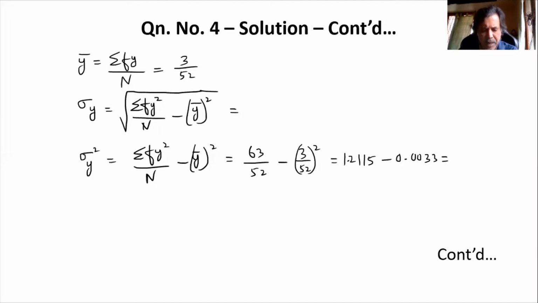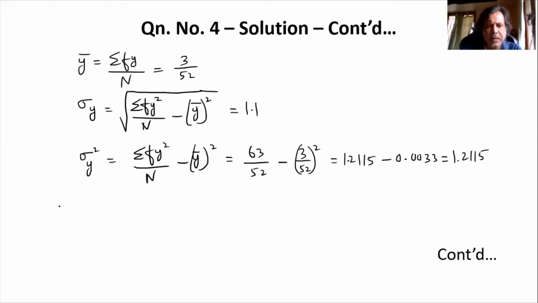We will have 1.2115. Same thing only we get. So this is our variance, variance of y. So standard deviation of y will be the square root of that. Square root of 1.2115 is 1.11. Let us keep 1.11 only.